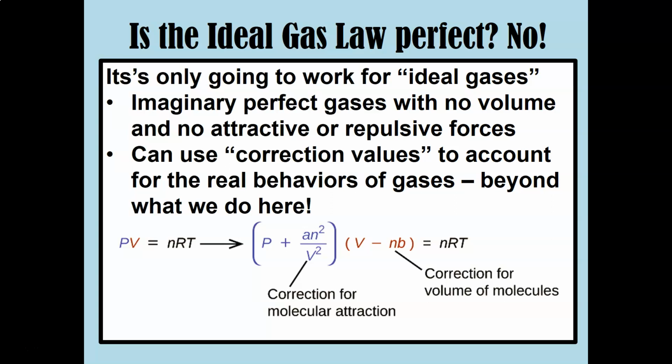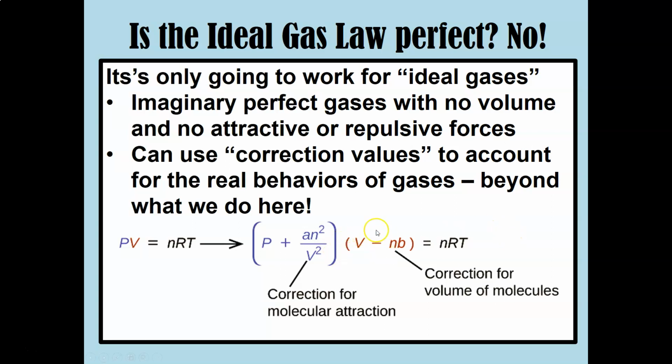So we have to use these correction values in order to be able to take the ideal gas law equation and adapt it to work for a real gas. So you can see here, instead of just pressure, you have to have this crazy calculation in order to account for the molecular attraction or repulsion that might be happening, because that'll change the pressure, right?